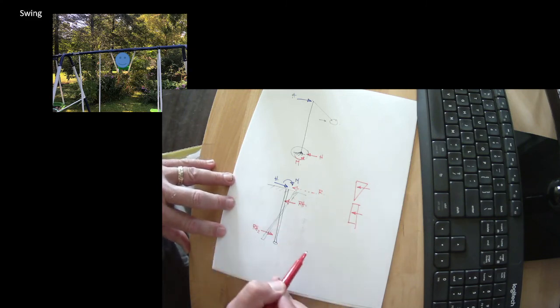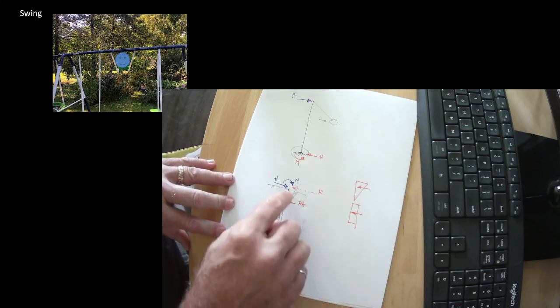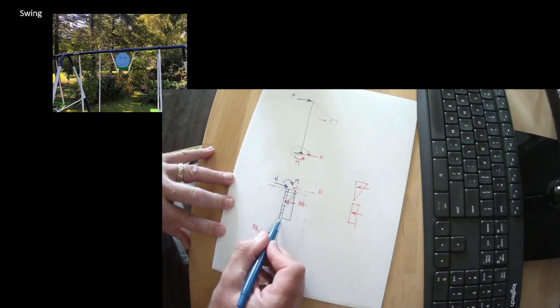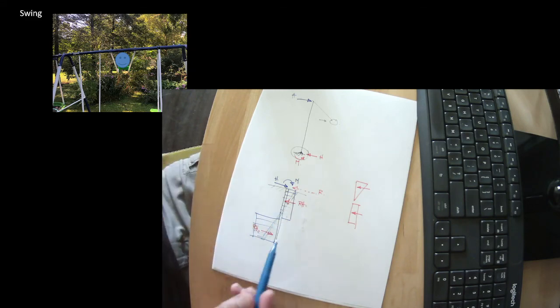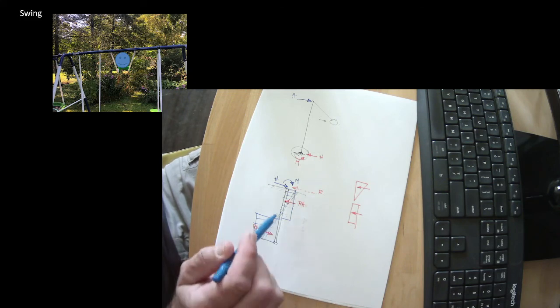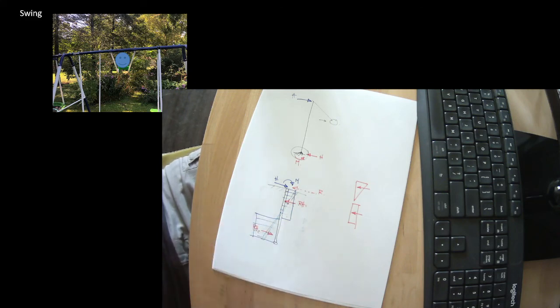What some people do is they break this into two rectangular blocks. We say, I'm going to have one rectangular block here, one rectangular block here, and solve for those stresses. And that's a reasonable approach. The bridge code has that in it.